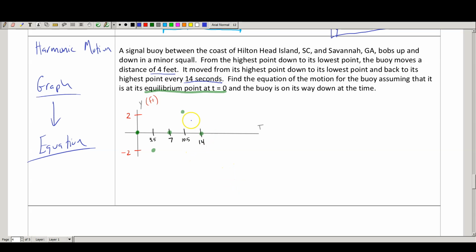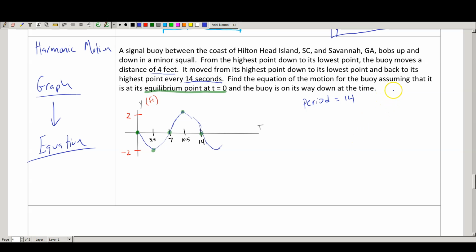We have the amplitude. We have the period. The graph is going to go like this if we kind of sketch it, and it's going to repeat over and over and over again, right? So we do the same thing as we did before. We think about, okay, the period in this case is equal to 14 seconds.